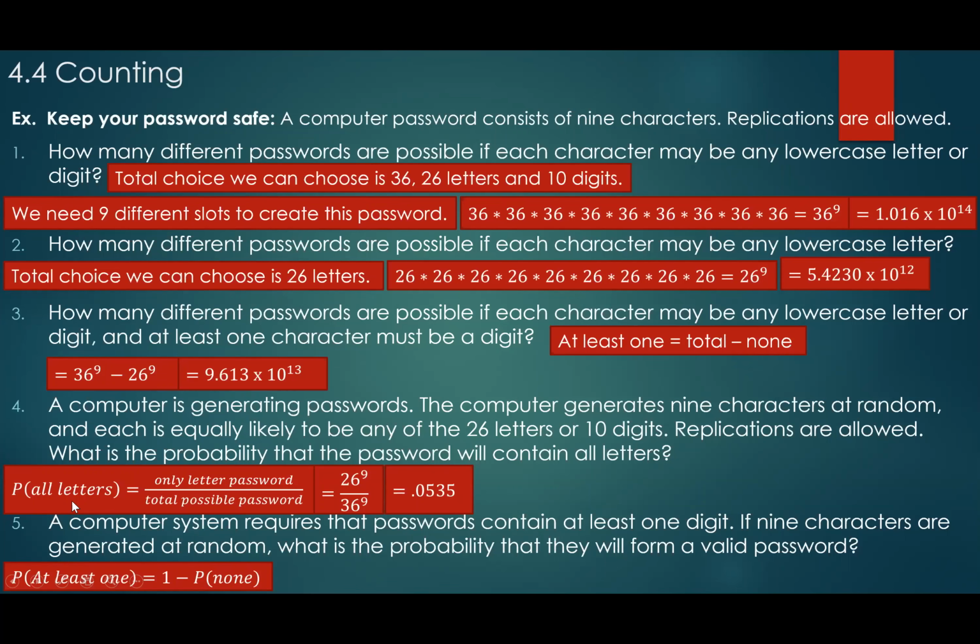Same as the previous problem, all letters means none of the items has a digit in it, none has a number in it, right? So we can take 1 minus this item, which gives me this answer. Or if you want to, you can take 36 to the 9 power minus 26 to the 9 power, divided by this item.